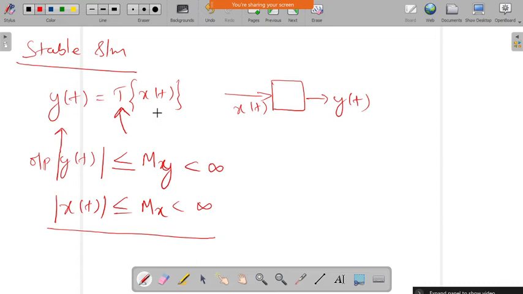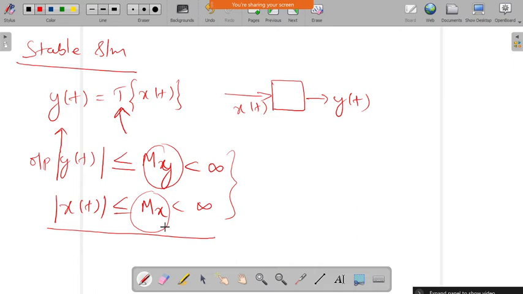In order to say that the operator or system T is stable, it should satisfy these two conditions: the input is bounded by the value M x, so it is a bounded input, and the output should also be a bounded output.